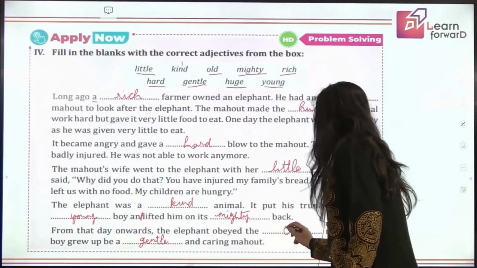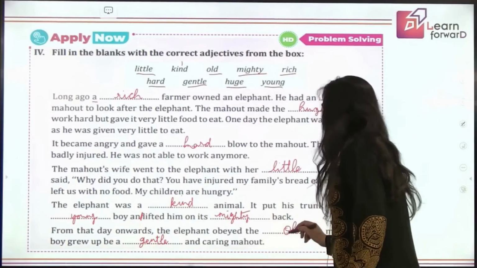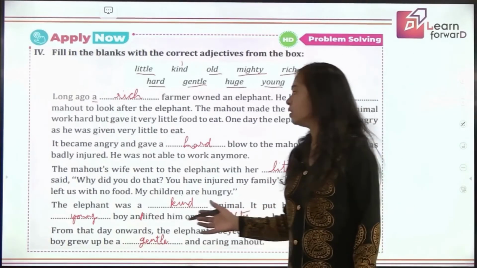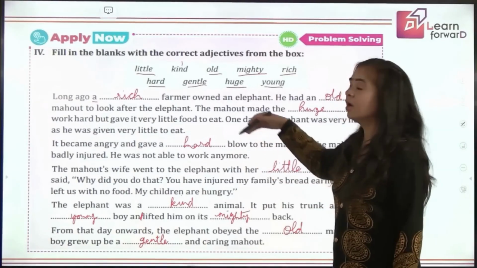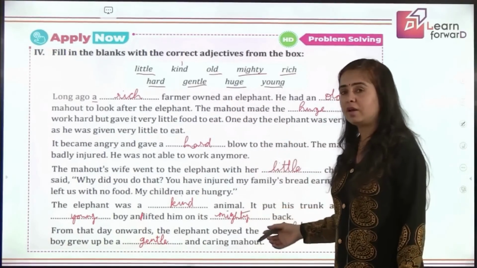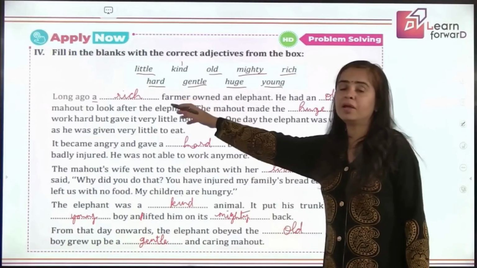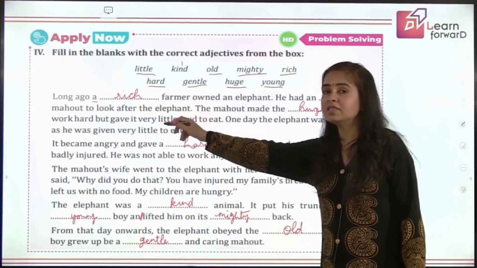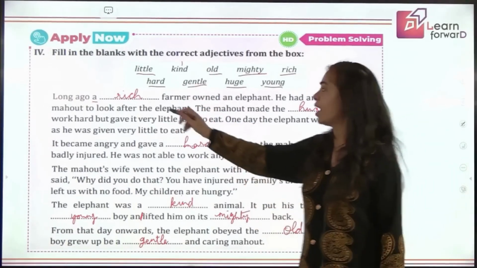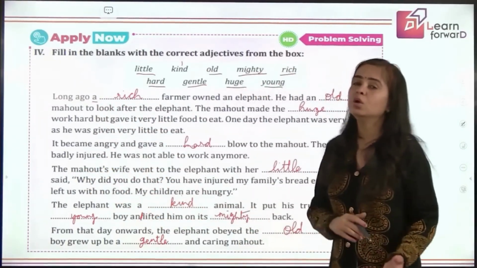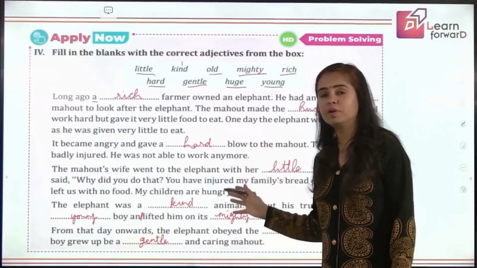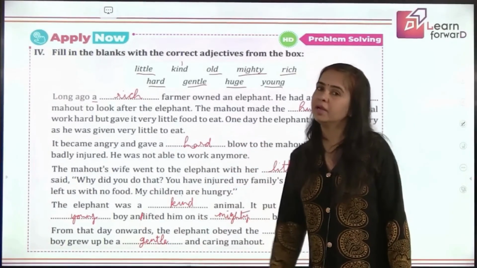Obeyed the mahout was old, but the children were young, right? So this is how we have to make sure which word will fit where. Like old, we were stuck up here, but then because the vowel is the starting sound, an should be here, that means we cannot use it here. This is how we rule out a few words at few places which can actually be interchanged.